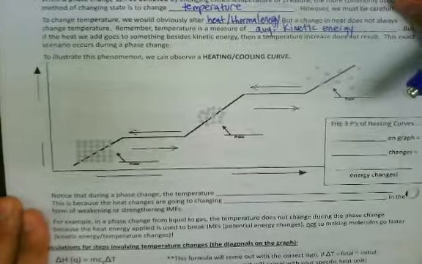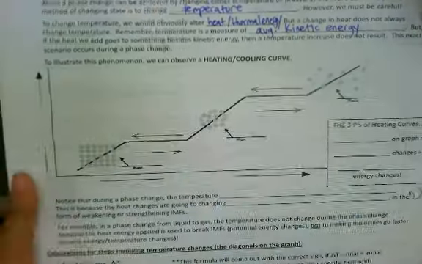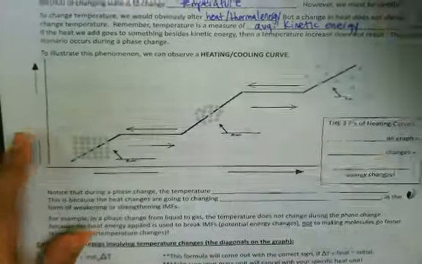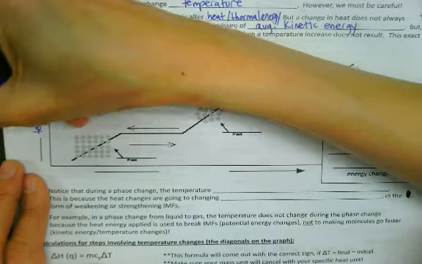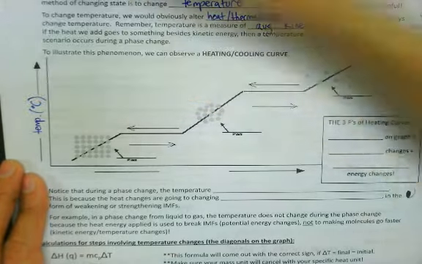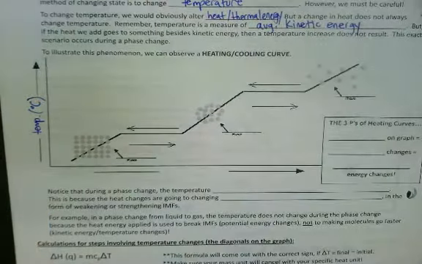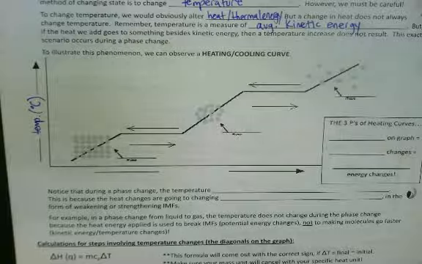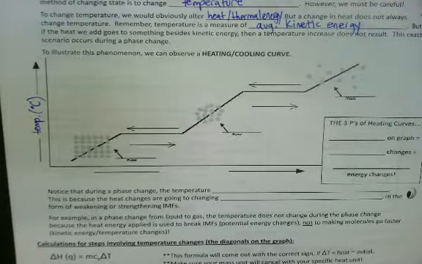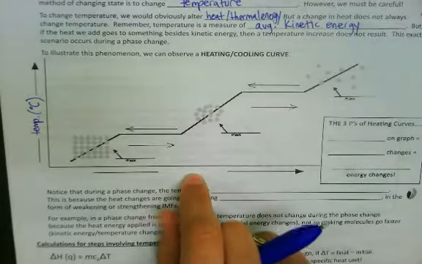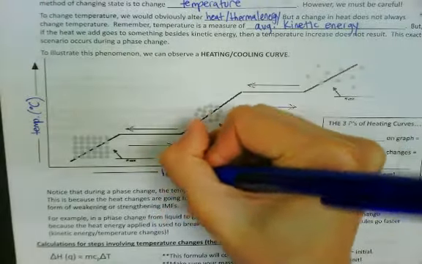So we're going to look at a heating-cooling curve so you can see this in context. I want you to go ahead and label your y-axis temperature, which we usually measure in degrees Celsius. You can also sometimes see it in Kelvin. And then I want you to label your x-axis heat added.